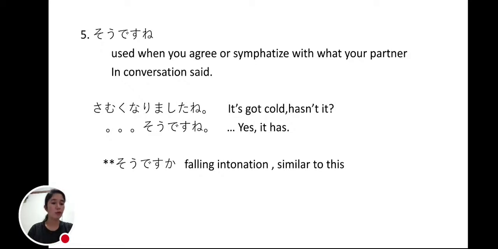Okay, so questions regarding our grammar for today, our sentence pattern. No questions so far, Minnasan?